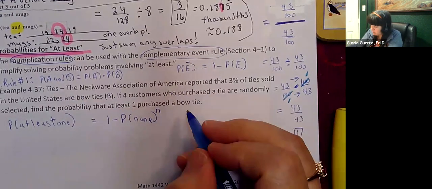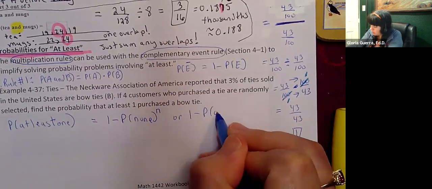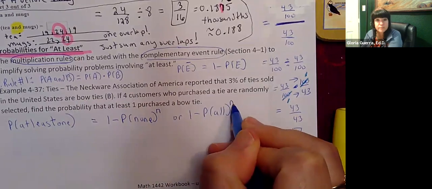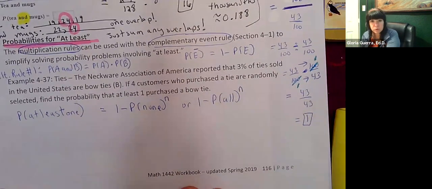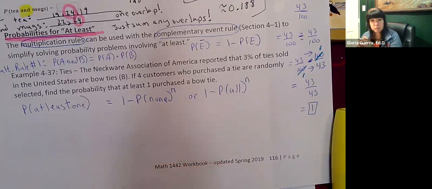N is a power. Or they might use 1 minus probability of all and use a power. Okay, so I'm going to show you some of both, and then you can see which one looks easiest. It depends on the situation also. Let's see if I can see where it says that.